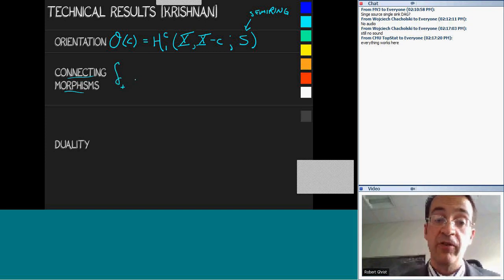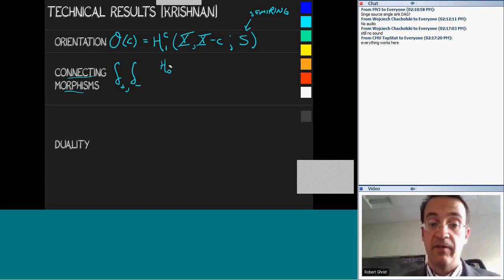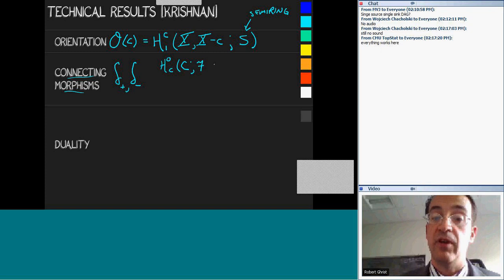These connecting homomorphisms, del plus and del minus, go from H upper 0, compactly supported of some closed set, taking values in the sheaf, to compactly supported one-dimensional cohomology of X relative to that subset, again with values in that sheaf.